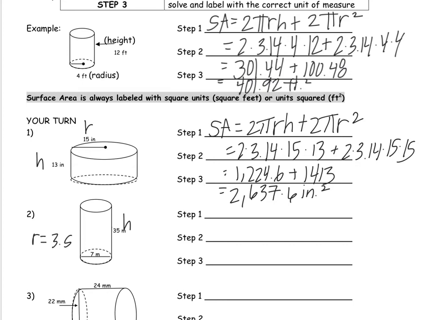So we have a diameter, so we'll half that, get 3.5. Let's write the formula. So 2 times 3.14 times 3.5 times 35.